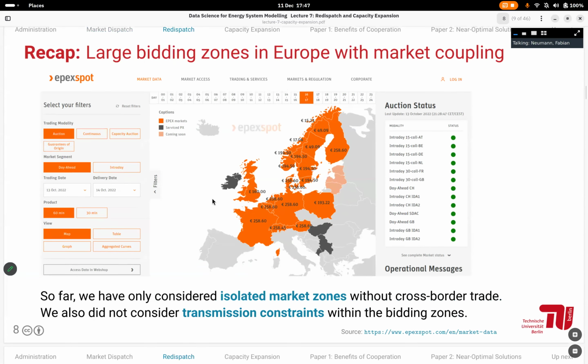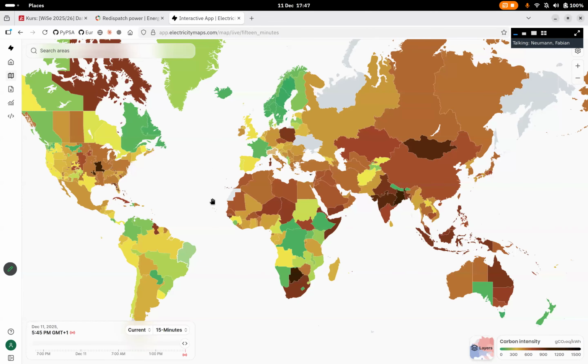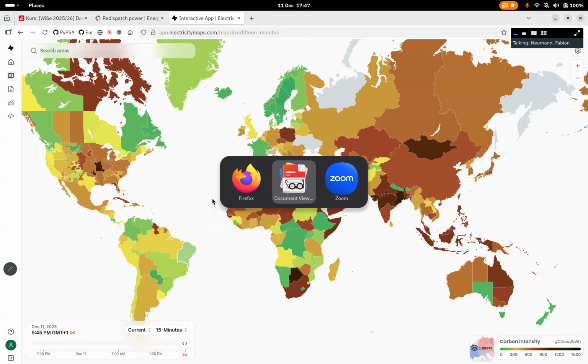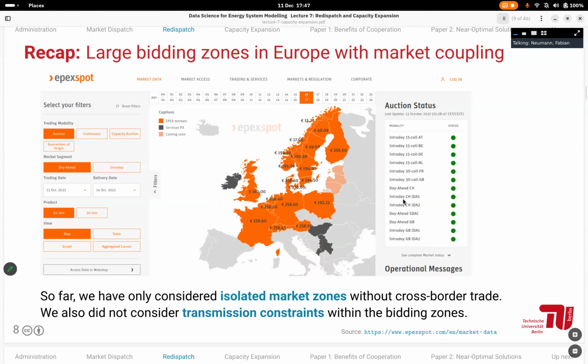And this map already shows that you have your electricity systems not on a country basis, but on the basis of the zones in which electricity is traded. And for each one, you would, in principle, have something like a merit order, a demand curve and a supply curve that would match.